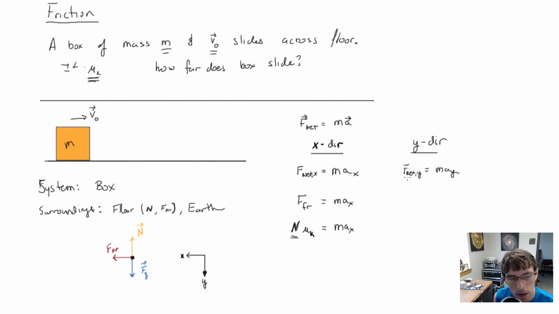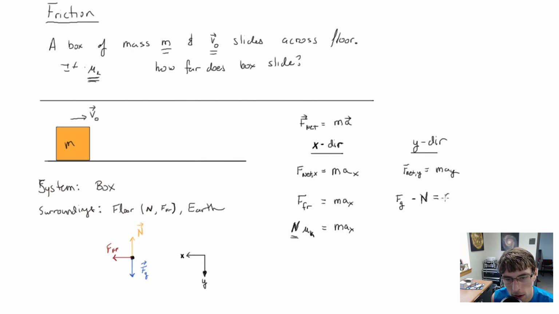Now let's take a look at our free body diagram. Our gravitational force is in the positive y direction based on my choice of axes. So I'll write F_G. And my normal force is in the negative y direction, so I'll put minus N. And what's the acceleration of the box in the vertical direction? 0. It doesn't jump off the surface, and it's not falling through the surface.